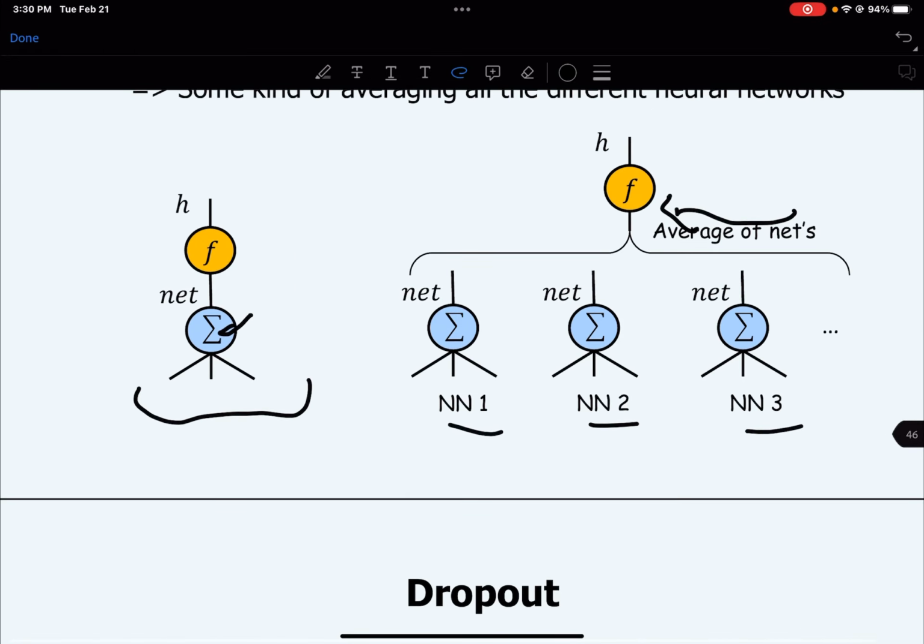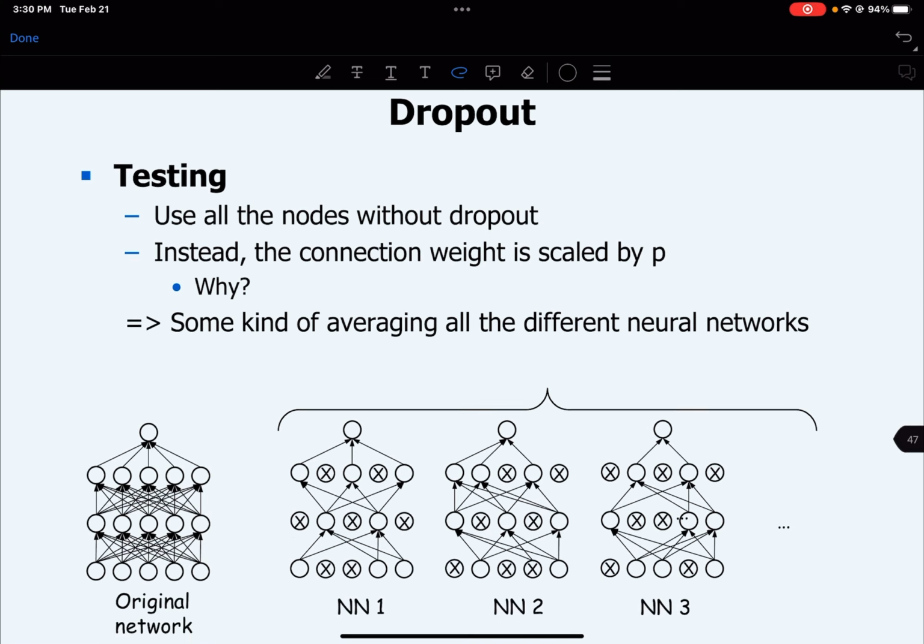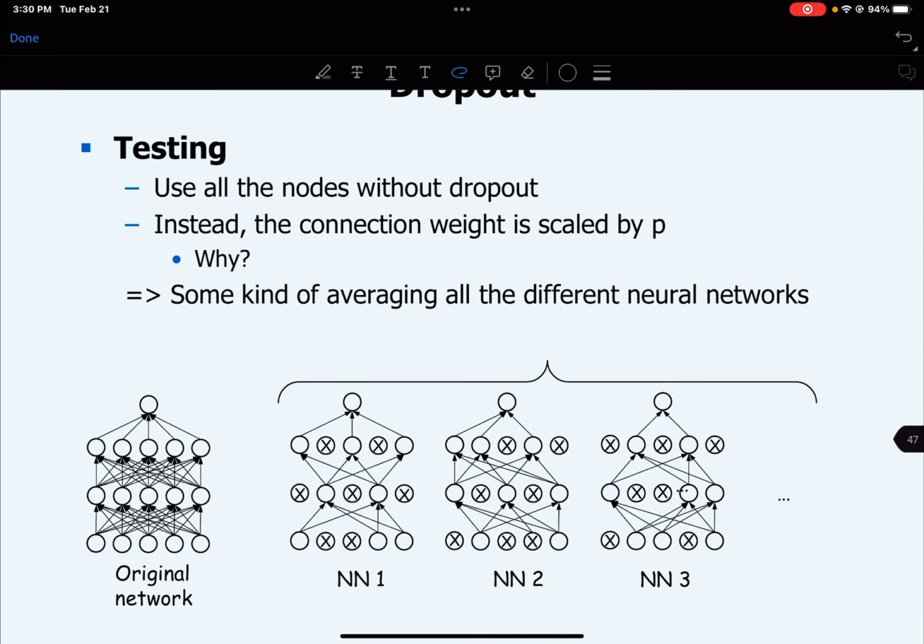So at the end, what we do is we multiply it with a factor of 0.5 and average the net values. This is how we apply the weight values update. So for different neural networks, we are going to multiply it with a factor of p, the link nodes, at the test time.